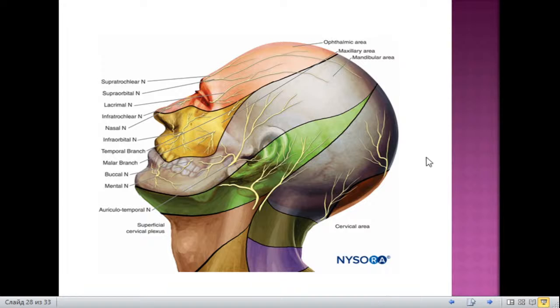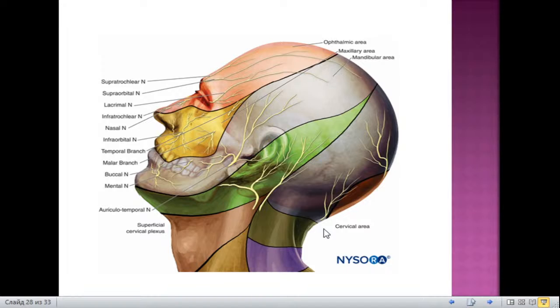What are these spinal nerves? This one. It's the great occipital nerve or major occipital nerve. The major occipital nerve is the posterior branch of the second cervical spinal nerve. After that is the small or minor occipital nerve.